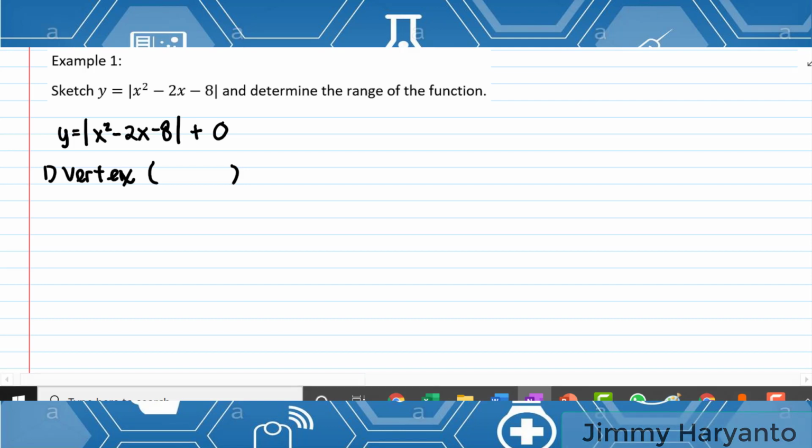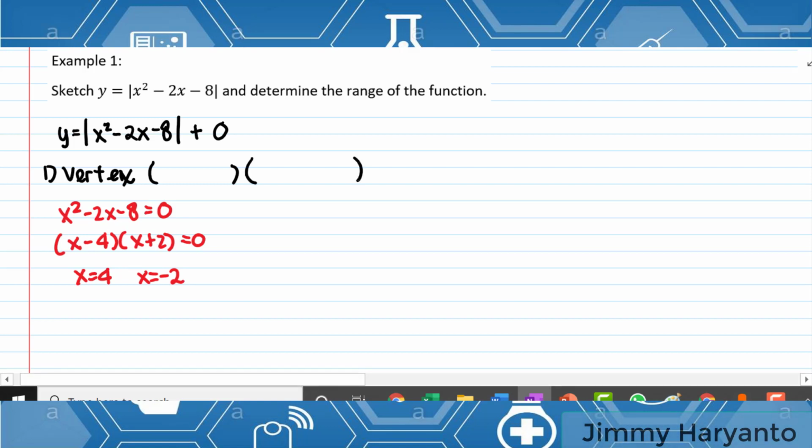You get xv by making x squared minus 2x minus 8 equal to 0. Therefore, you have to use factorization. You factorize it into x minus 4 and x plus 2 equals 0. If you cannot use factorization, you can use the general formula or quadratic formula. x will be equal to 4 and x equals negative 2.